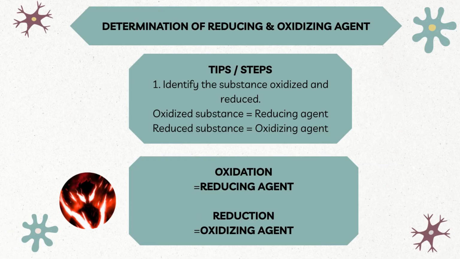Now we will learn about the determination of reducing and oxidizing agent. There is one tip that we can follow, which is that we need to identify the substance oxidized and reduced. The oxidized substance is the reducing agent, while the reduced substance is the oxidizing agent.